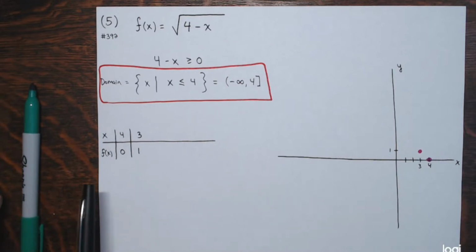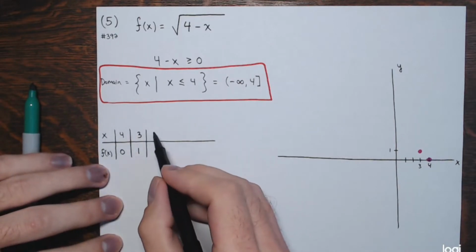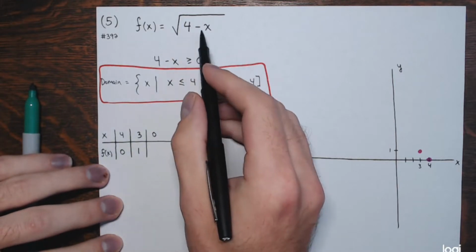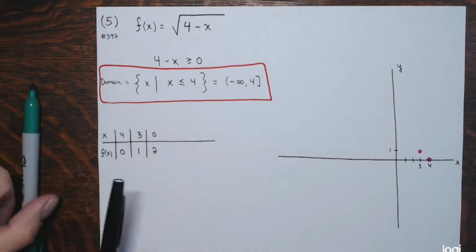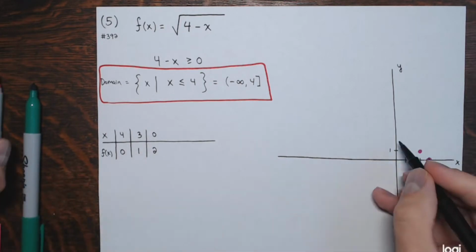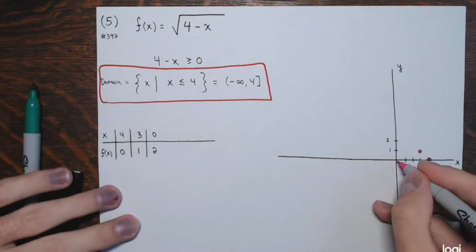Then input 0, right? 4 minus 0 would be 4, square root of 4 is 2. So 0, 2. Input 0, output 2.